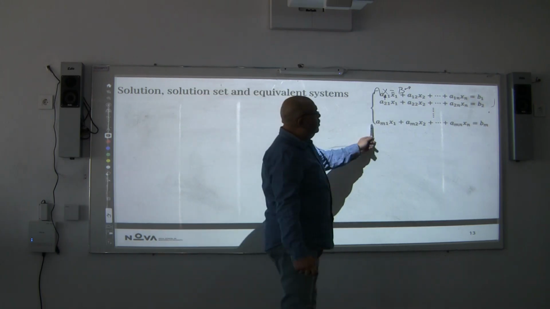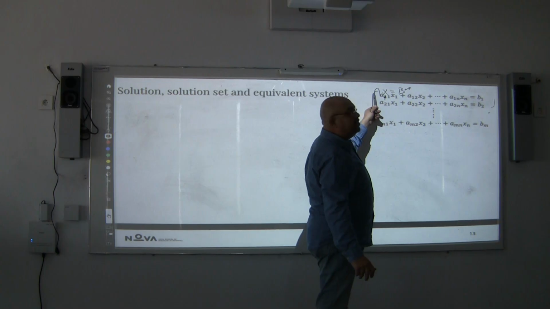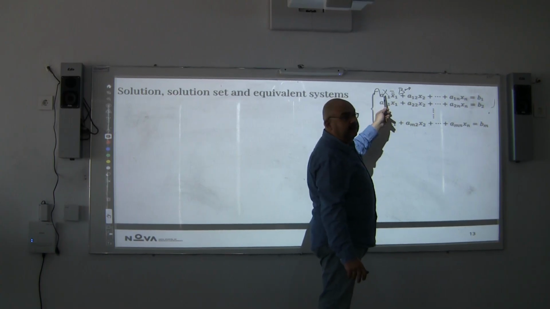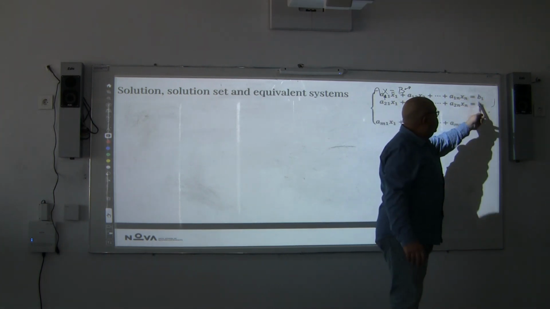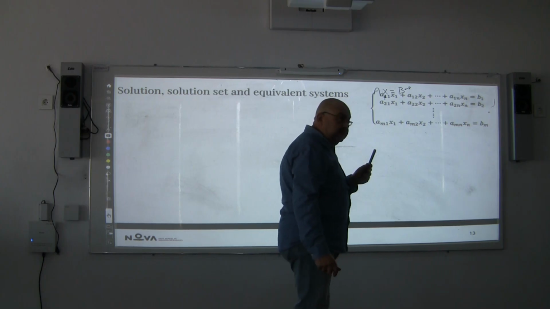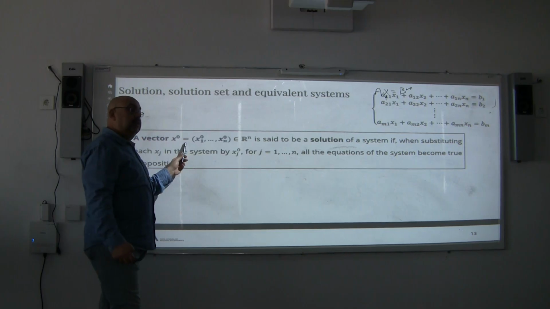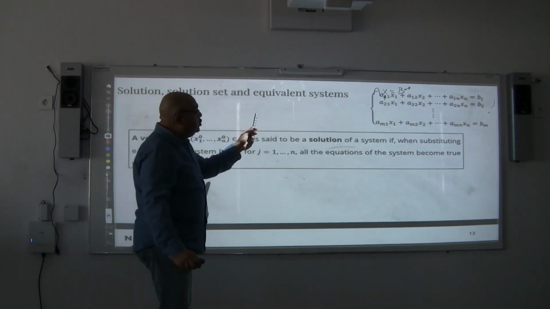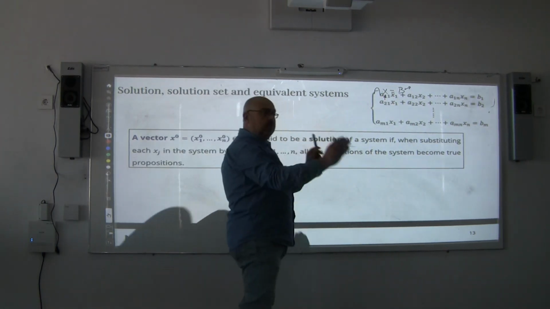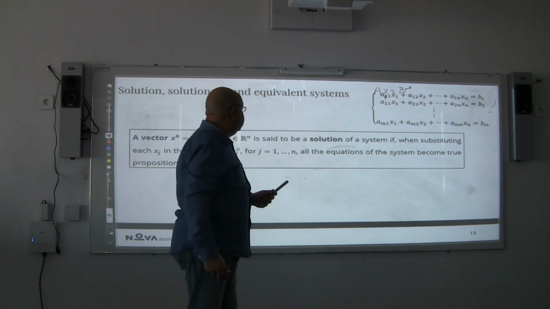Let's see how it is written. First of all, that's the system of equations, as I told you. That's the coefficient matrix, which is A. The x1, x2, x3, x4, that's the x_i. And it is equal to the independent terms, which are b1, b2, b3. If I could find the vector of the solution, meaning specific values for x1, x2, x3, to make A times x equal to b, this is what we call a solution for the system.